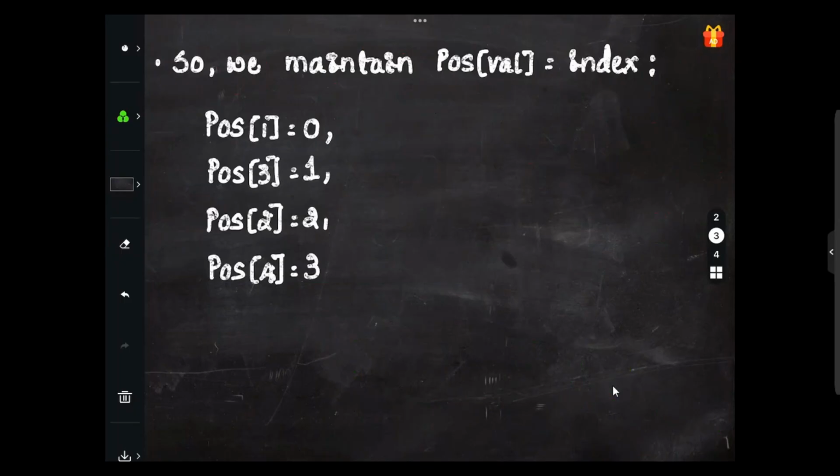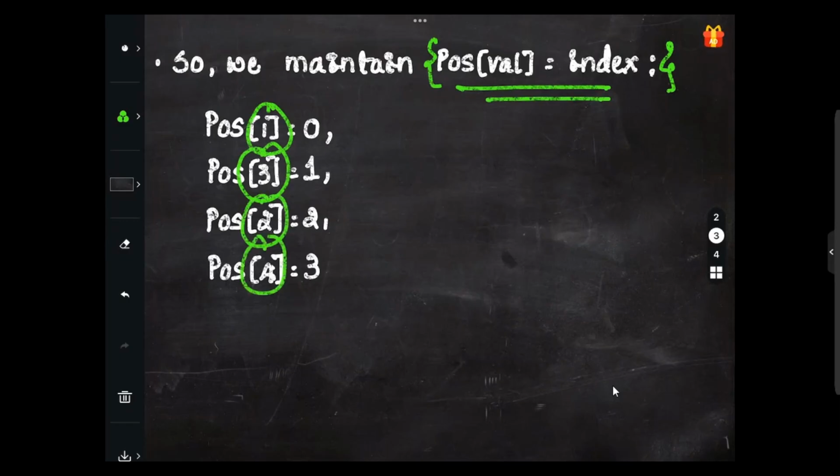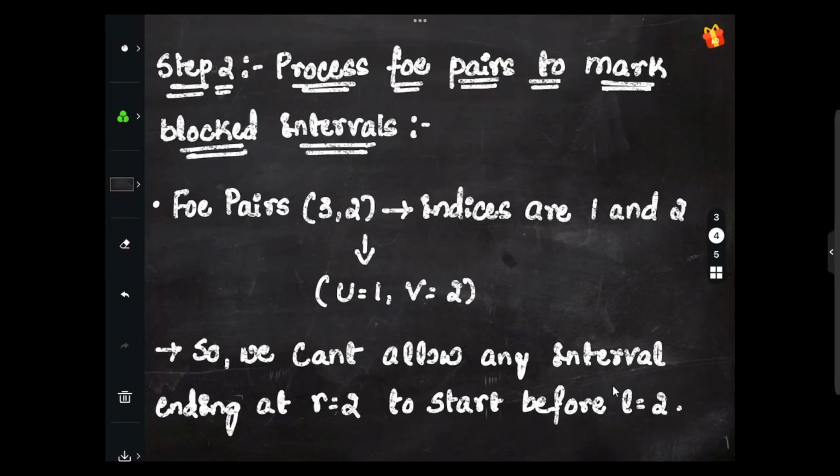Here we maintain the position of value: position of 1, position of 3, position of 2, position of 4, which is index 0 1 2 3. We are just assigning the position of each value to the index. I hope this part is completely clear.